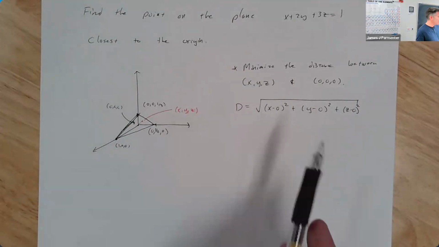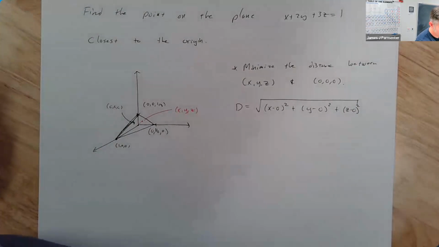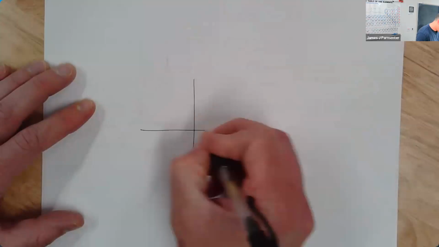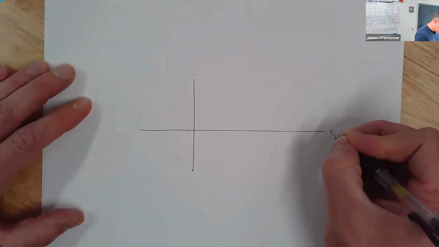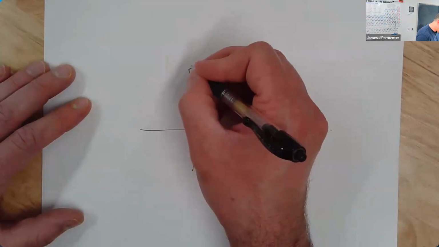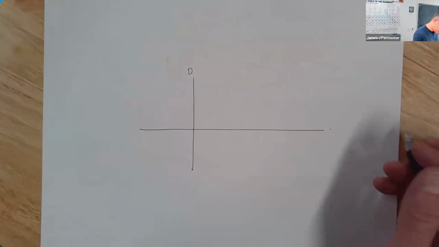Right? If you make the insides as small as possible, you make the square root of that stuff as small as possible. If you make the insides as large as possible, you make the square root of that stuff as large as possible. Think about it this way. Here's your distance.